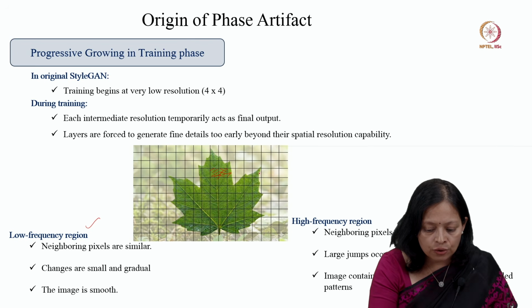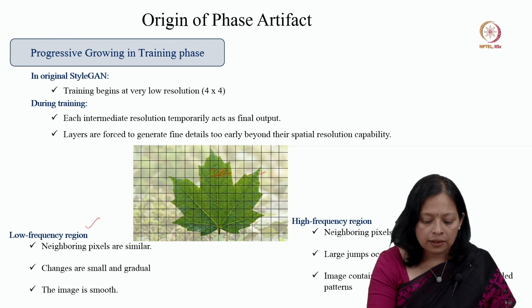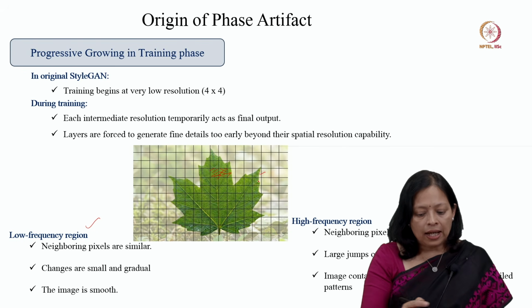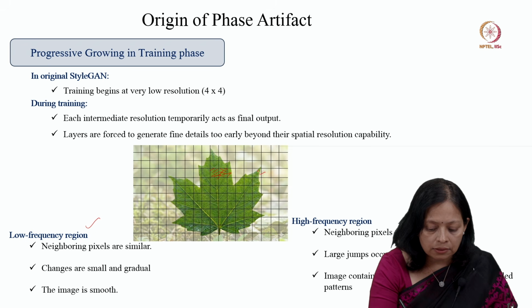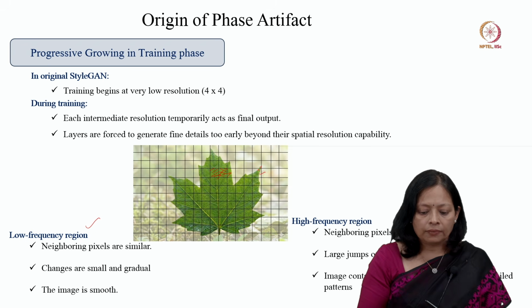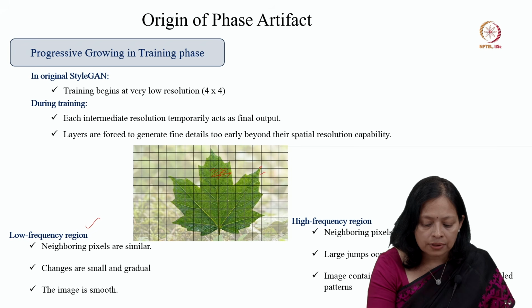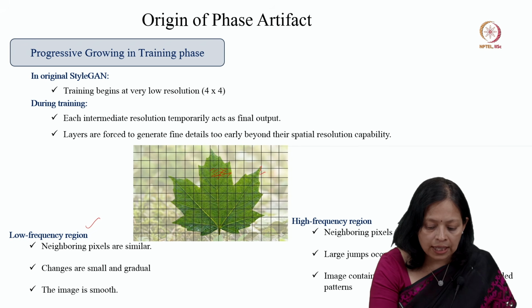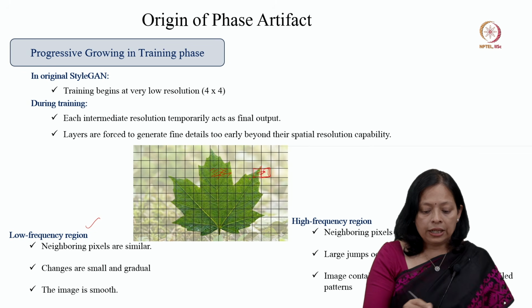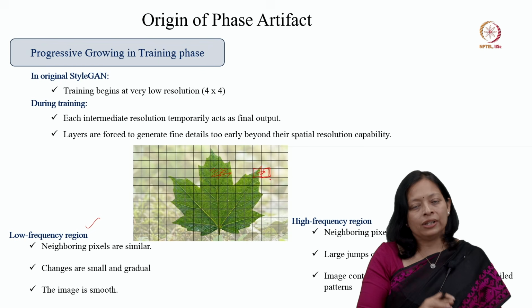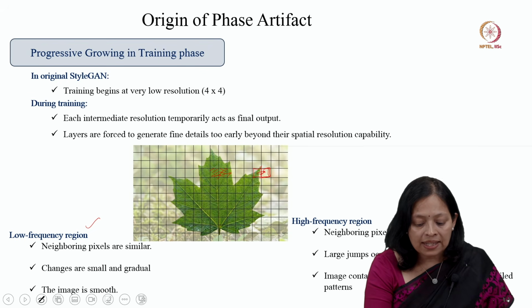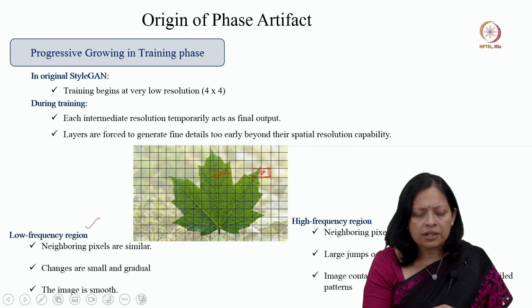Whereas, have a look at this edge, the edge of the leaf. If I look at this last tip, there is a sharp change. If I shift this pixel here, the shape of the leaf will get distorted, because the pixel values here are very different.